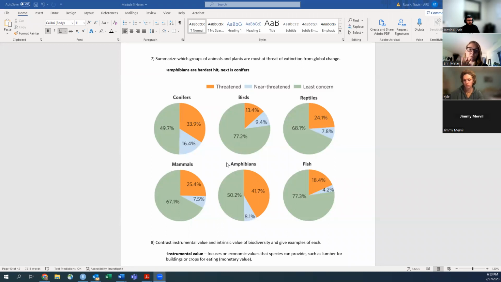Okay, so we're talking about the conifers, birds, reptiles, mammals, and amphibians, because they did talk about flowering plants not having enough data to evaluate that group yet. Yeah, so my understanding for 7 is it's this figure, and this figure will show up on the exam, and so knowing how to interpret this.